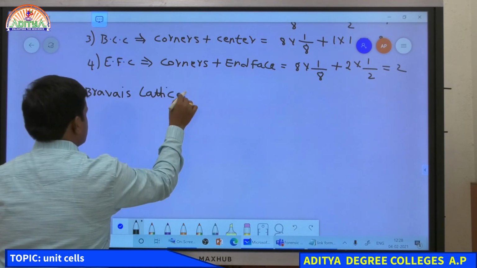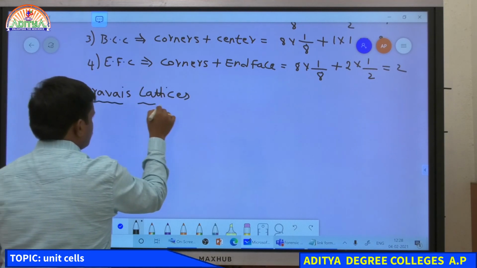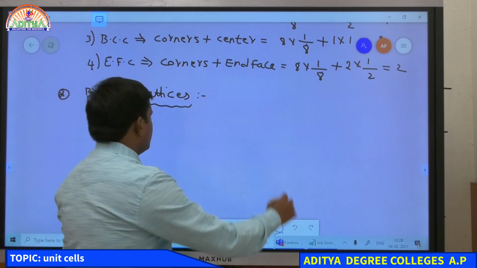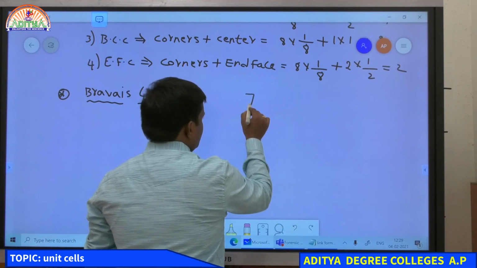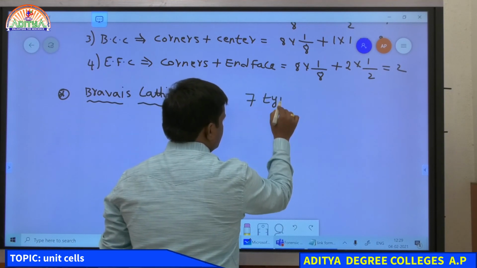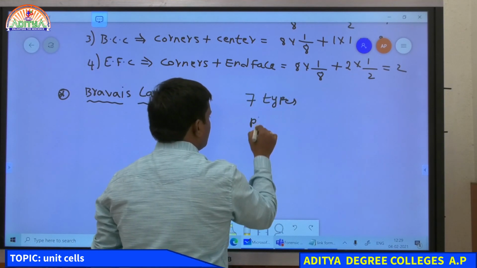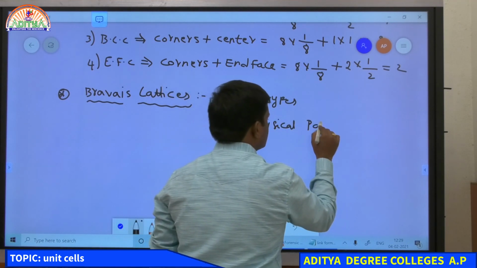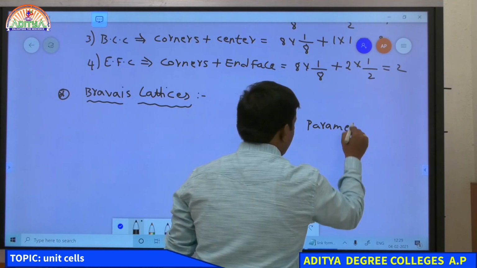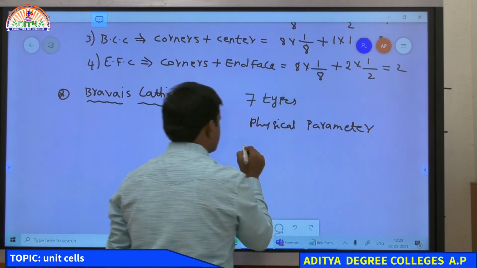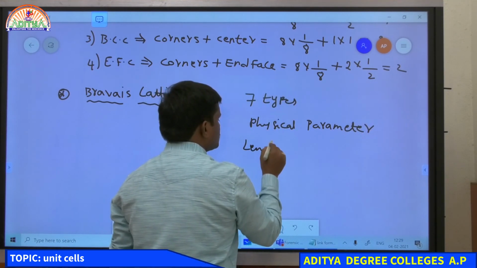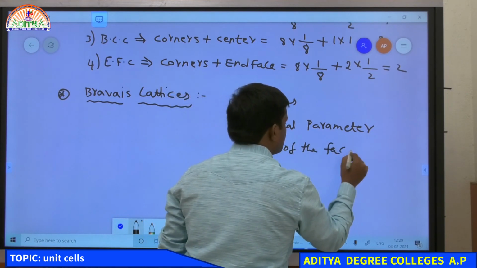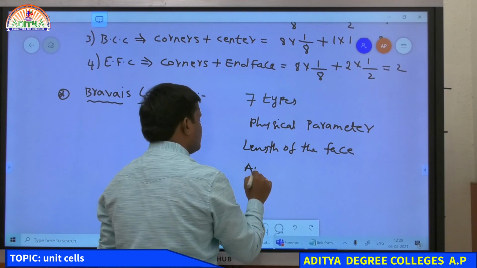Bravais lattices. So, we already know that crystals are classified into 7 types. This is based on physical parameters, that is length as well as angles. So, the length of the face as well as the angle between the faces.